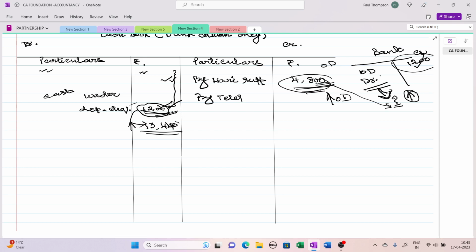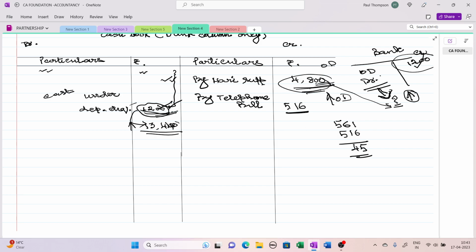I should have written 561, but due to oversight, sometimes we write the figures in transposition, 516. Instead of writing 561, I wrote 516. What is the difference? The difference is 45 rupees.